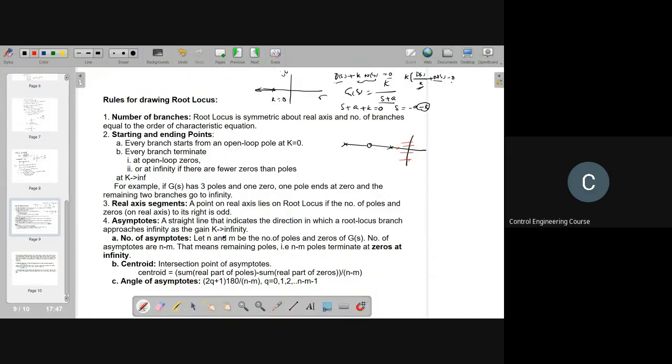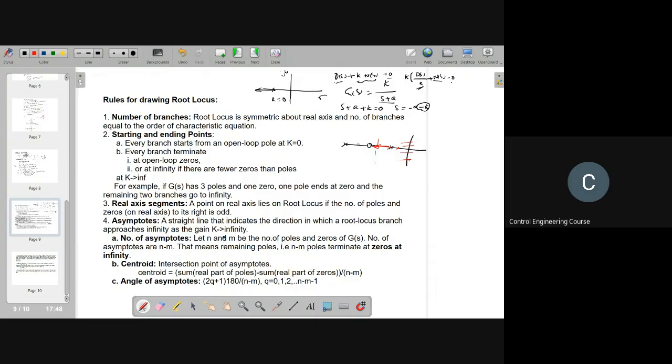Suppose you take any point in between these two, then on the right of the test point we have one pole. That means there is an odd number of poles, so there is a branch between these two. And as I told in the first rule, root locus always starts at open loop poles, so it will go like this, and it ends at this zero.